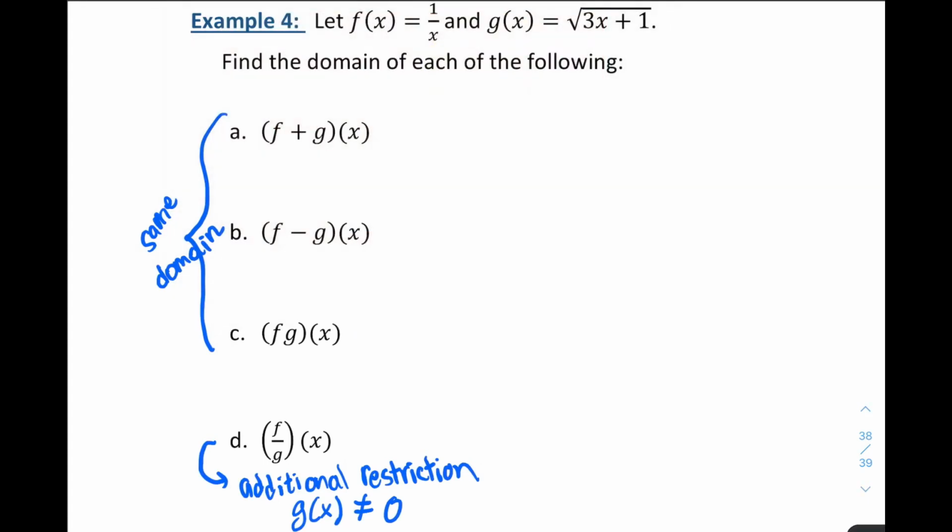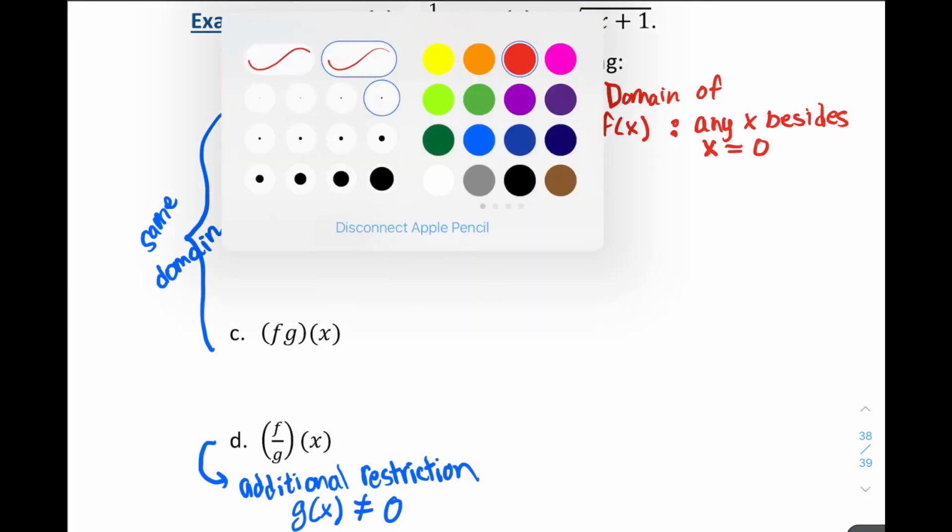Let's start with the domain of f and g individually, because if it's going to be part of the domain of a combination of those two functions, it has to be in the domain of both of them. For f of x, we can't include x equals 0 because we have 1 divided by x, so 0 would make us divide by 0.